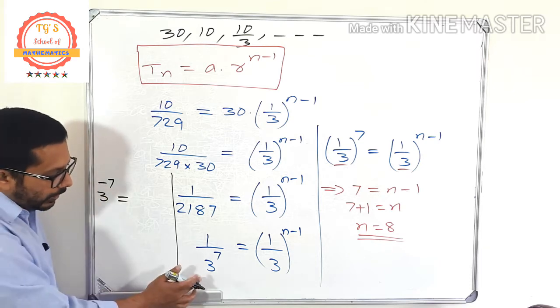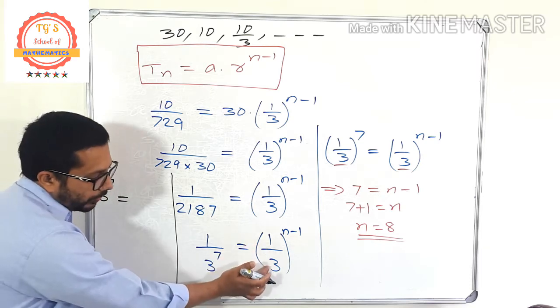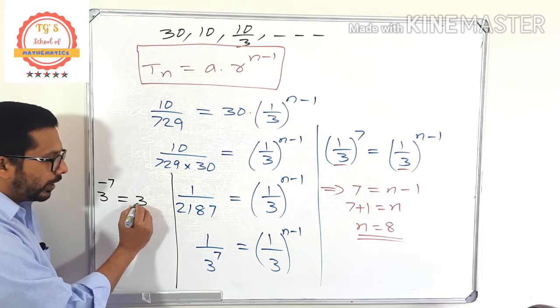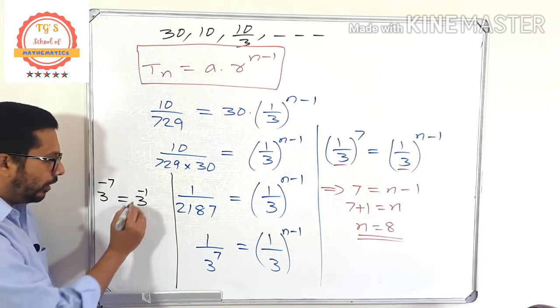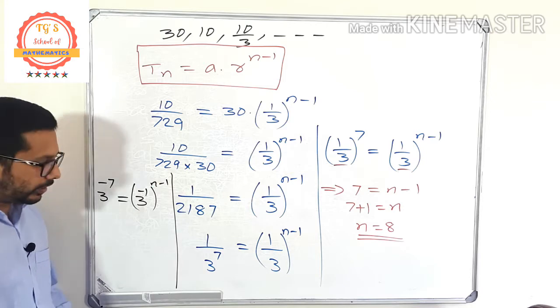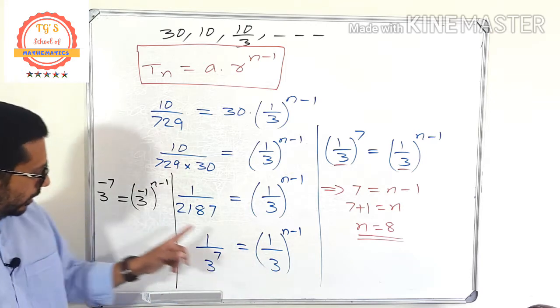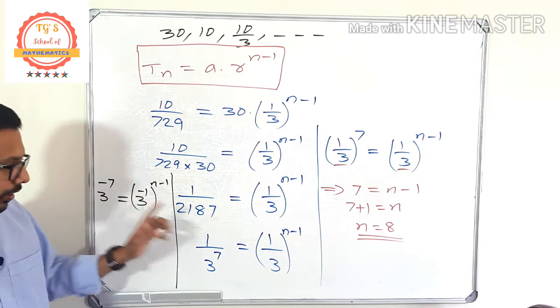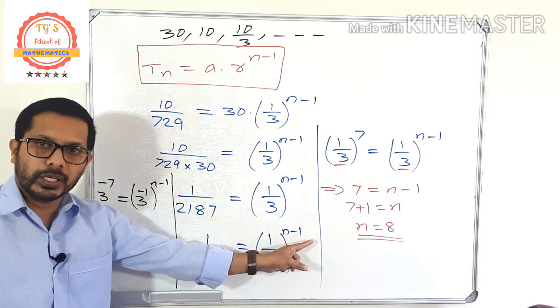Okay, so this is equal to, this 1 over 3 is the same as 3 raised to minus 1, the whole raised to n minus 1. Am I right? This 1 over 3, how can you write? 3 raised to minus 1, then the whole raised to n minus 1.